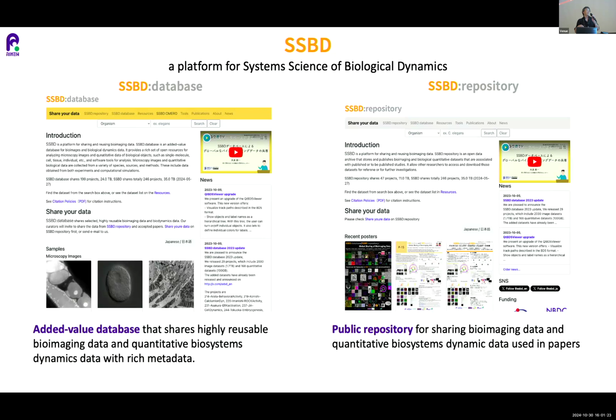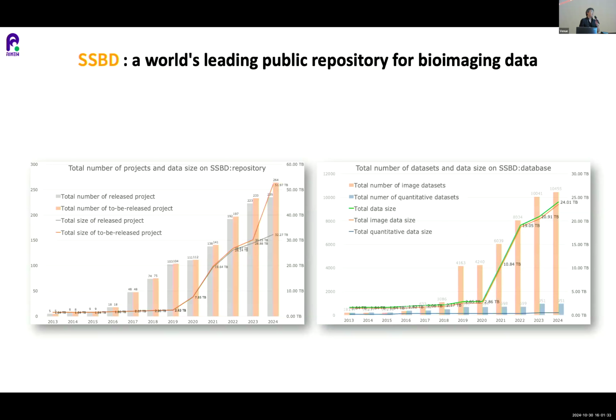This is also available, but less metadata is added because of the easiness of the deposition. Thanks to the collaborators and the community, the number of data is increasing like that, and hopefully we get more data in the coming years.